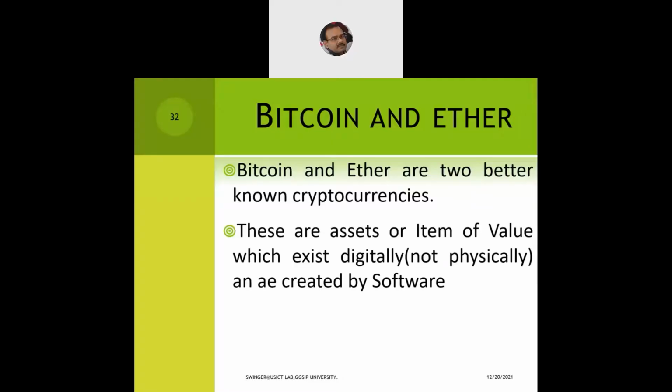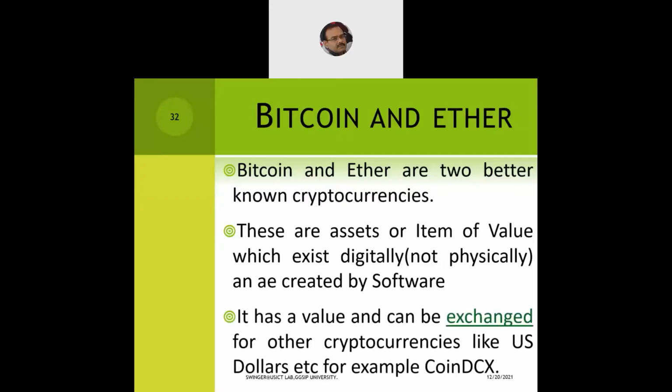And these are assets or items of value which all exist in a digital format, not physically, and they're all created by software. Just like a paper currency is printed in the Government of India press, or a coin is made of metal, in the case of digital format, they're all created by software in the logical world, in the virtual world.